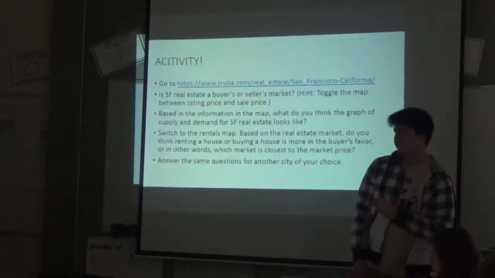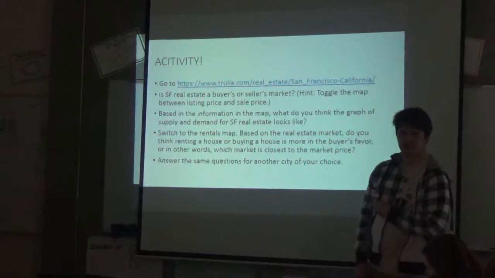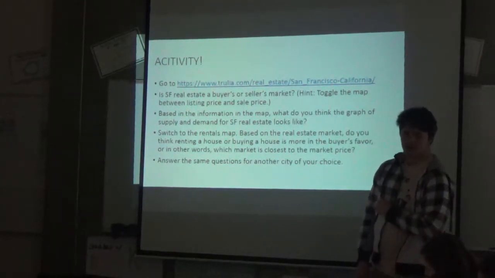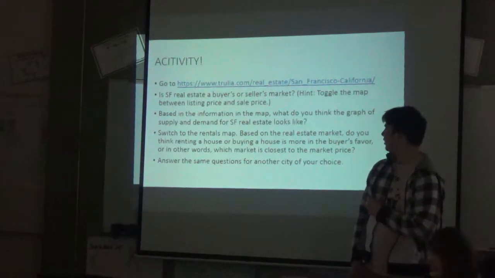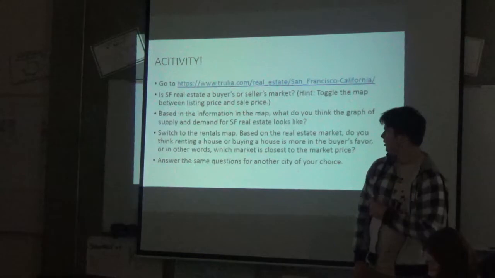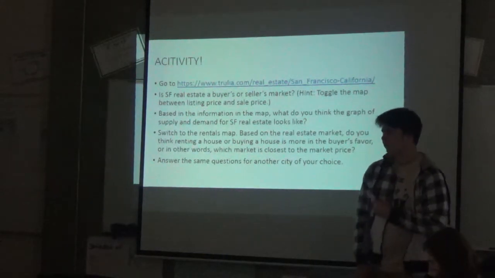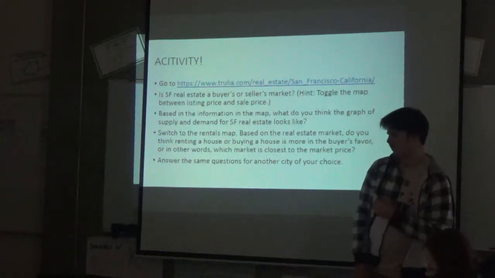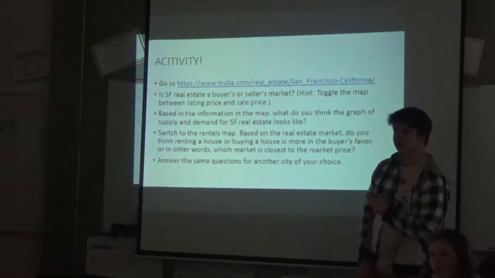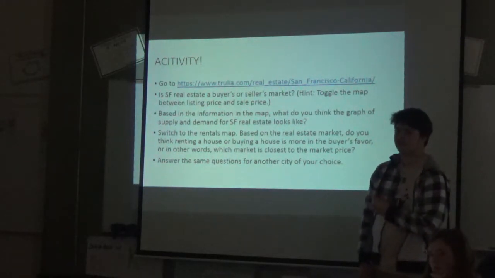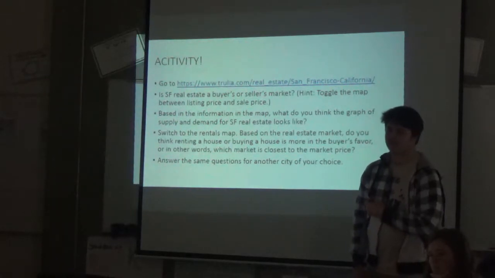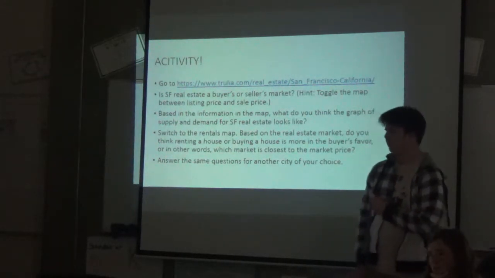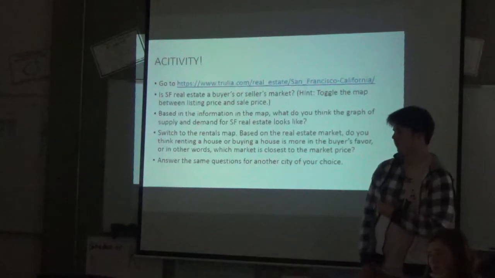Find which market has prices closest to the market price. I don't think this one has a correct answer. I mean, there must be some relationship between them, so it's two markets.